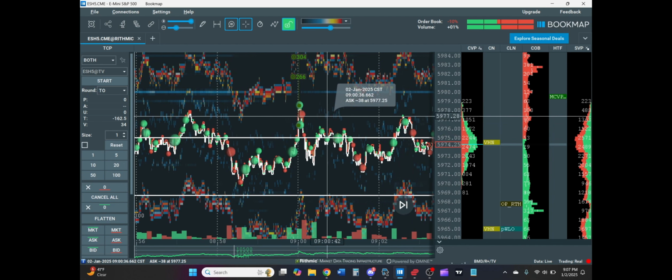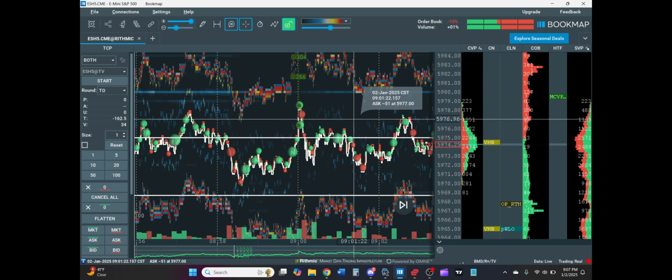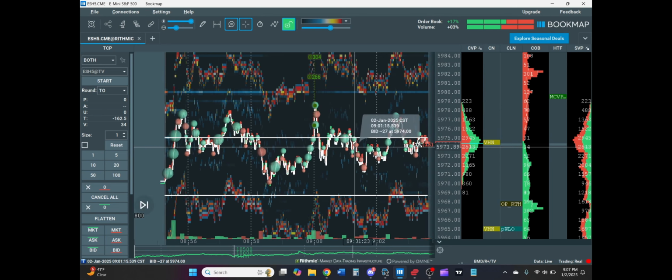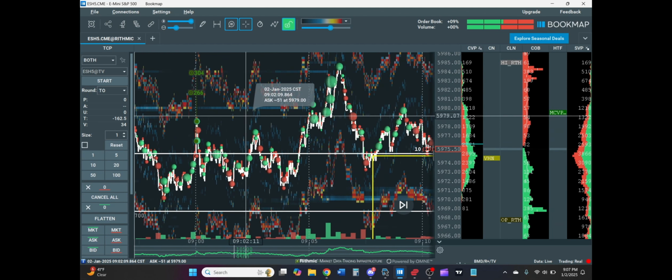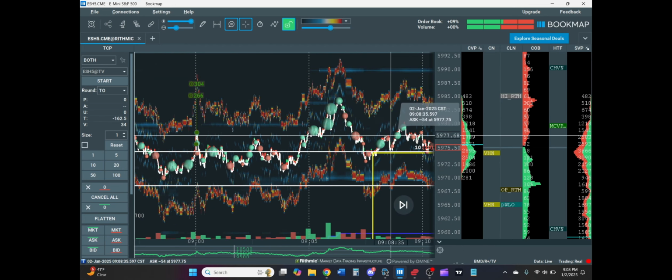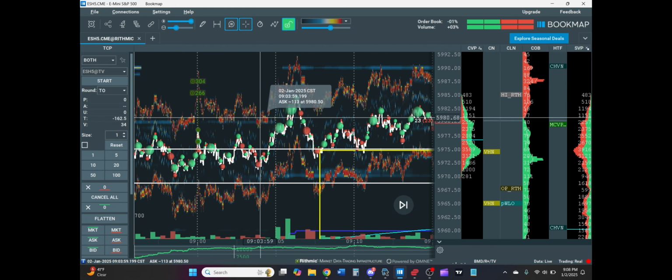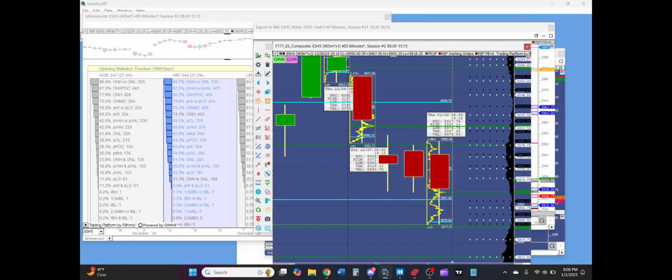Now I wouldn't be shorting this unless I had our micro composite, which we came to. We're approaching the IB, so that would be my next step: where's the IB at? Is it going to be an IBF? Let's see what the IB was.